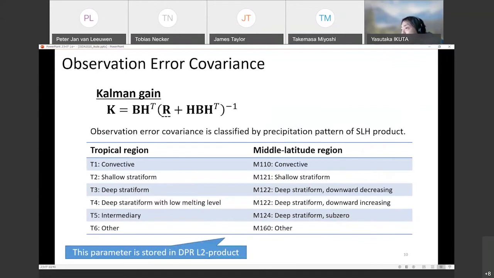So first, we classify the observation error covariance by the precipitation pattern of the SLH product. The SLH products are classified into 6 types of precipitation patterns in the tropical region and 6 types in the mid-latitude region.